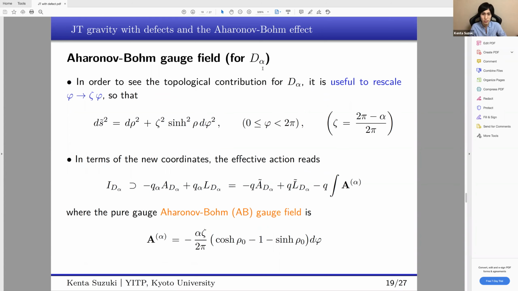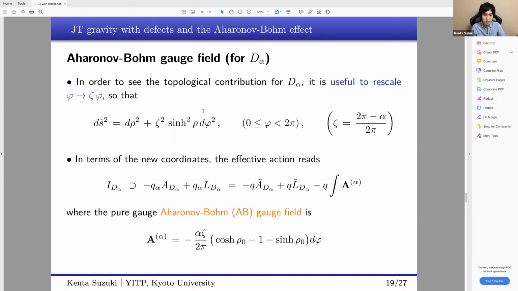So now let's look at this punctured disk geometry case. So first, to deal with the original weird periodicity of the angular coordinate, it's convenient to rescale the angular coordinate by this factor zeta, which brings the original periodicity 2 pi minus alpha to the periodicity 2 pi.